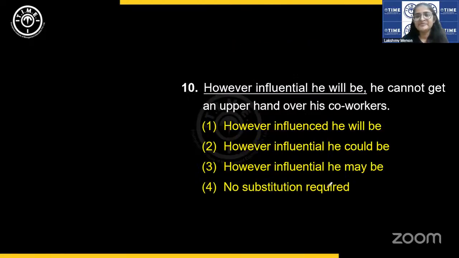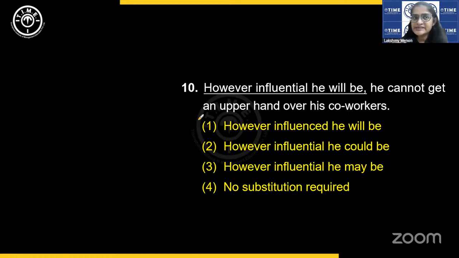And the last question. However influential he will be, he cannot get an upper hand over his co-workers. What about this? He can be either the future or the present.